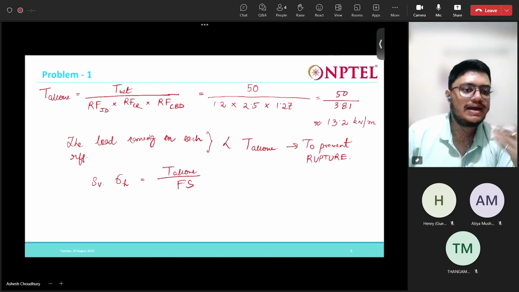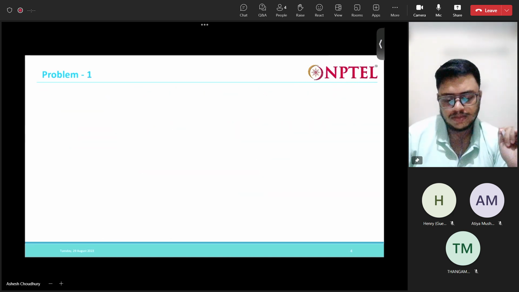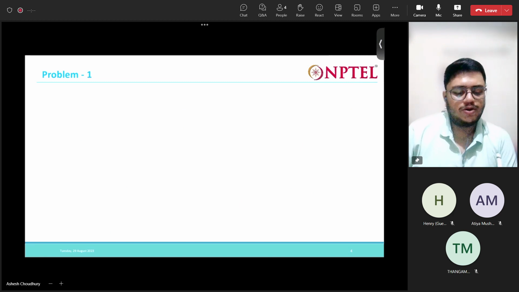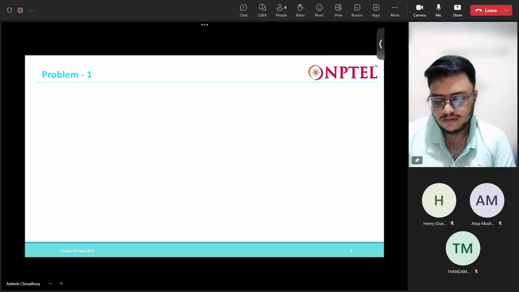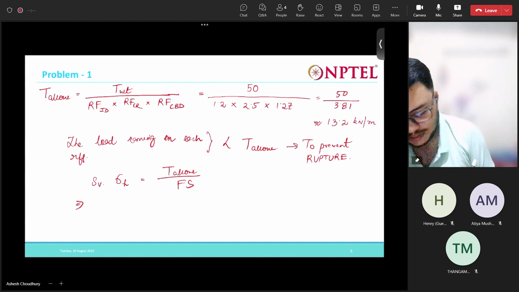So we're dividing that by some factor of safety. And what is that factor of safety? That is given in the question, 1.4. Okay, we will be using that factor of safety. So SV is equal to T allowable by sigma h into factor of safety.